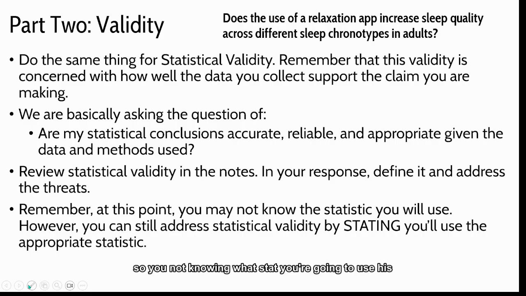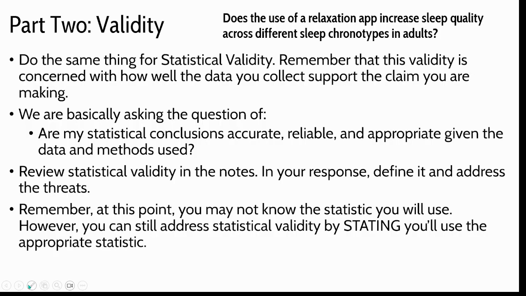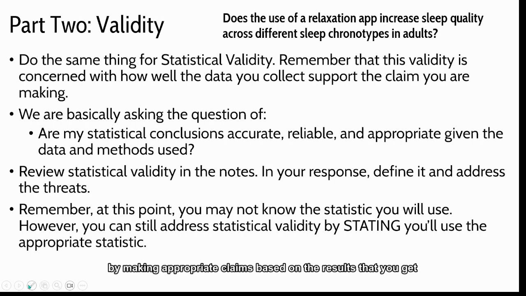So you not knowing which stat you're going to use is okay, because you're going to assure the reader of this assignment, which is me, that you're going to achieve statistical validity by using the appropriate statistic, by making sure you have enough participants to reach a power level that is significant, by making appropriate claims based on the results that you get.